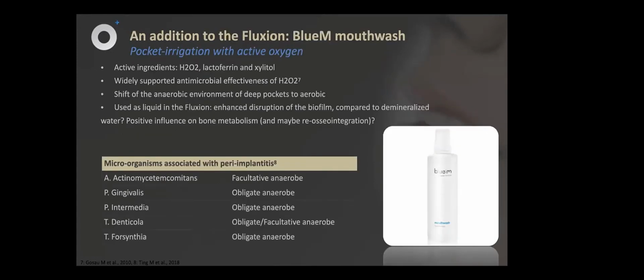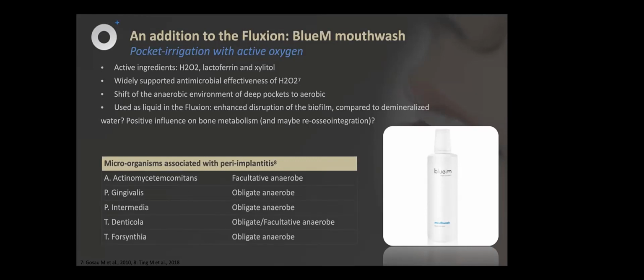So in addition to the fluxion, we started thinking, well, if we have the fluxion and it has this mechanism, why shouldn't we take another fluid like Blu-M mouthwash? This is what we started to do.